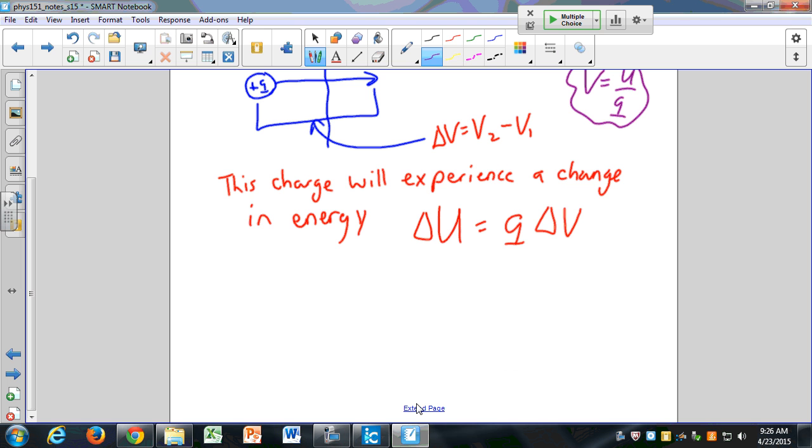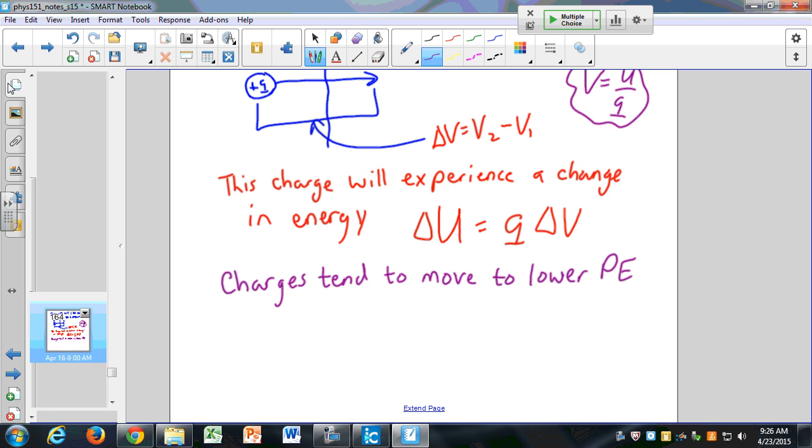Charges tend to move to lower potential energy, just like all objects, like a ball rolling down a hill. Have we done this? We have not done this. Is that right? Give me just a second. Let me look.